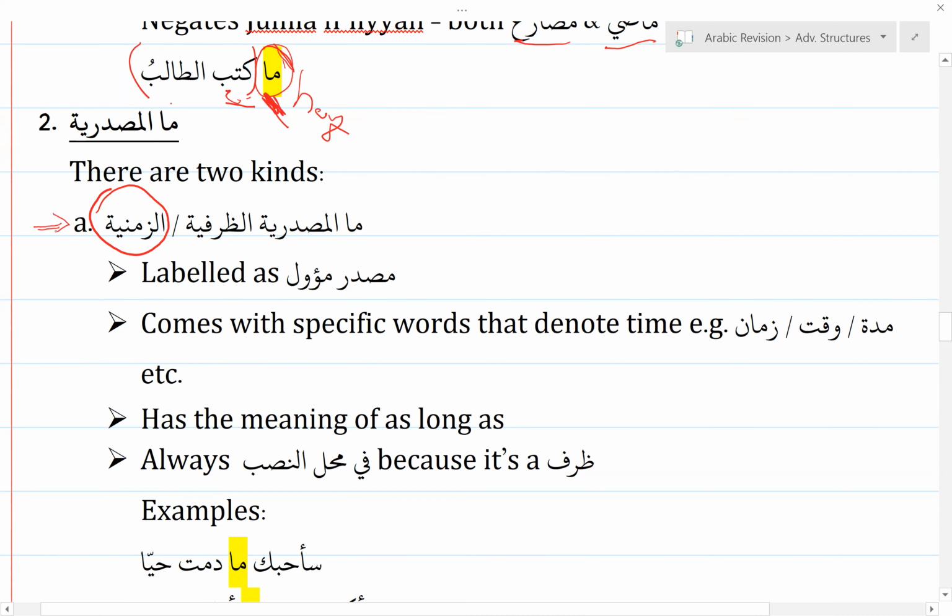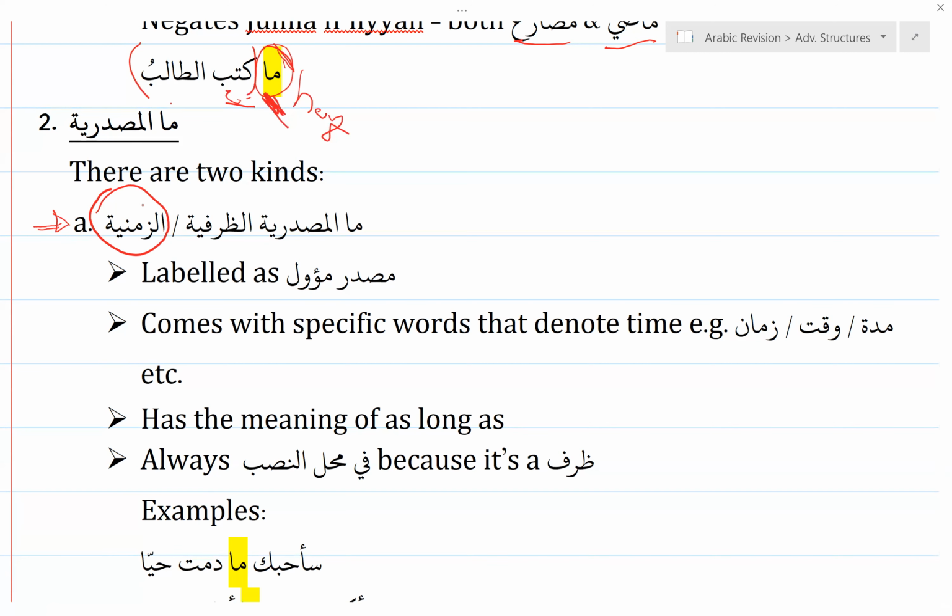So the first one, ma masdariya zamaniya, is still a masdar mu'awwal. So it still comes with a mudari' or a madi, and together it will be a masdar mu'awwal, still a compound ism. But it comes with words that denote time.